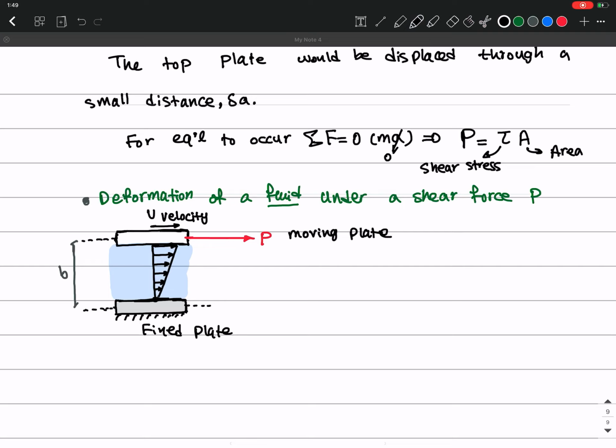So let me write something. I'm going to investigate it now. For a fluid, there is nothing to stop it.